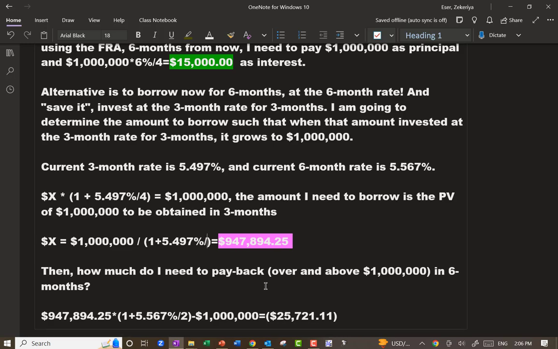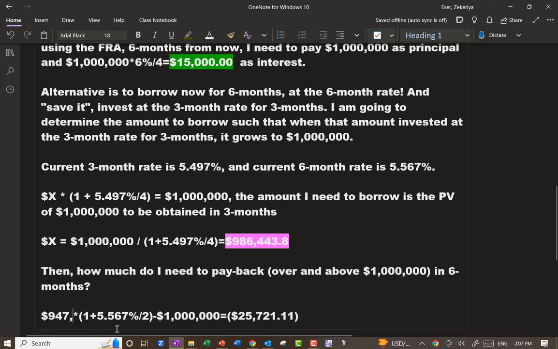I forgot to divide the 3-month rate by 4. So it's actually, I need to borrow 986,443.80 cents.